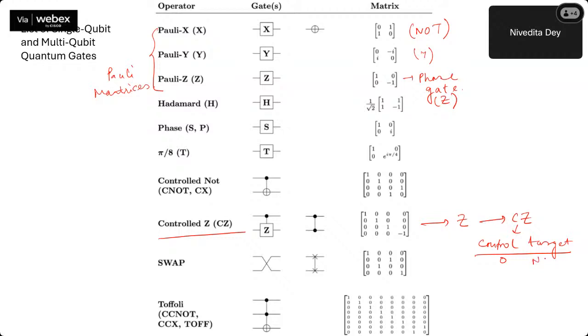So this is not applicable. If your control is 1 and your target is 0, nothing will happen again because your target itself is 0. How do you change the phase of 0? Nothing you can do. But if your control is 1 and your target is also 1, then you make your target -1. If it is 1, you just make it -1. So an absolute 180-degree phase shift will happen.